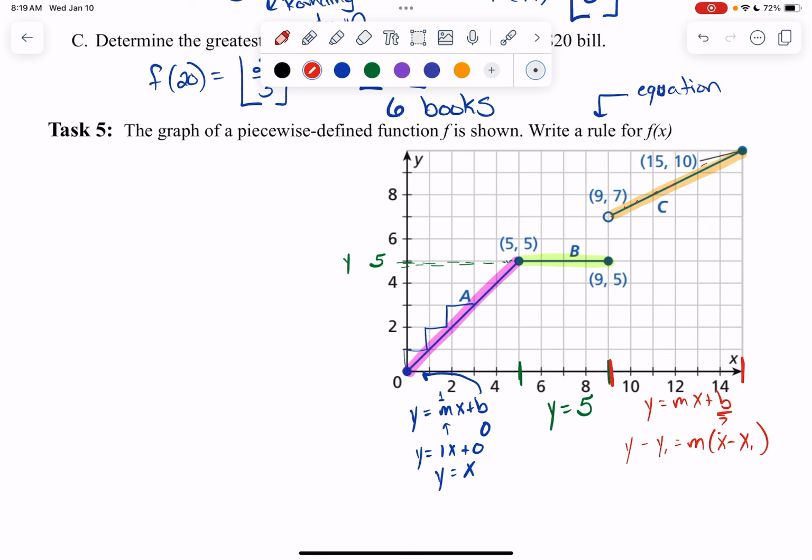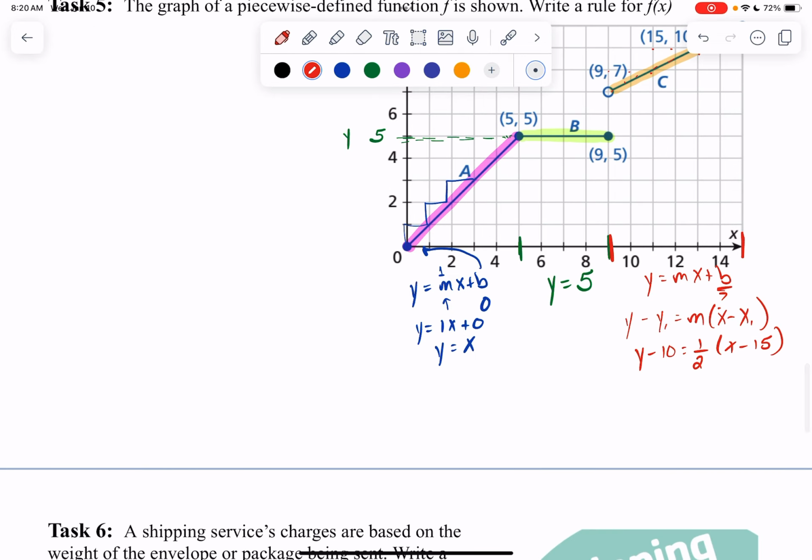So first I need to find the slope. So rise up 1 over 2, up 1. It looks like up 1 over 2. So my slope is 2. Oh, 1/2. Up 1 over 2. y minus, I'm going to use 10, equals 1/2 times x minus 15. Okay, so my equation, y minus 10 equals 1/2 (x minus 15).